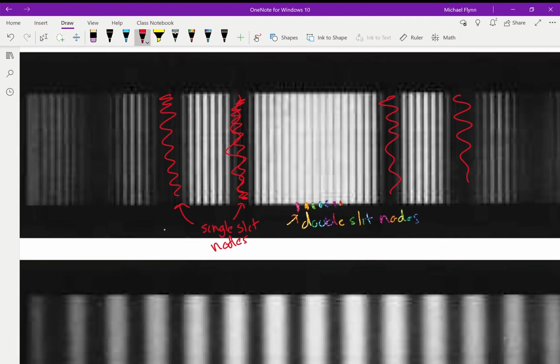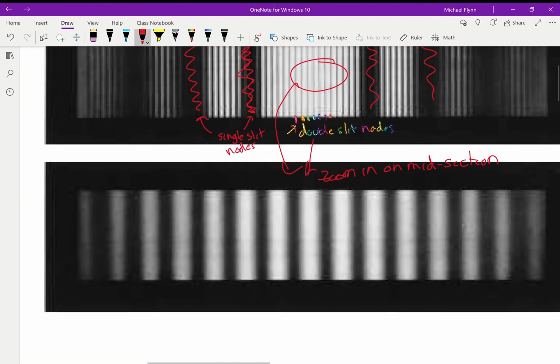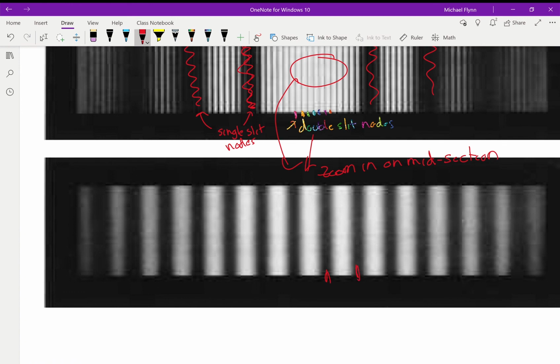Now if you zoom in on the midsection of this diagram here, this is what that looks like. And there, I'll go back to my rainbow just to be consistent.